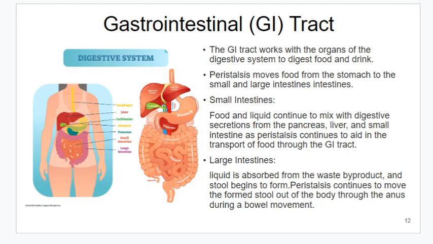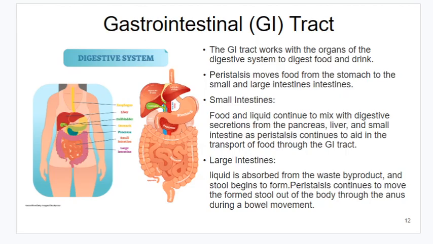With our small intestines, their primary function is for food and liquid to mix with digestive secretions from our pancreas and liver. The small intestines have peristalsis that helps move the nutrients and food through, to aid in the transportation of food through the GI tract.